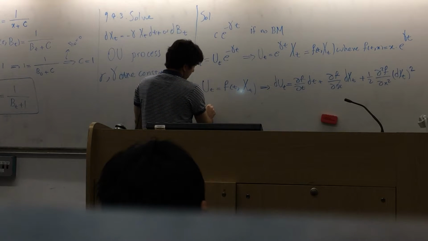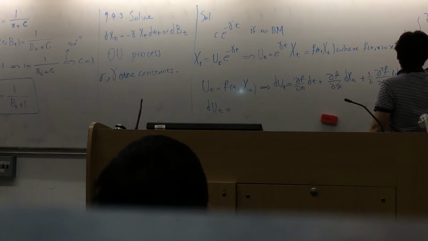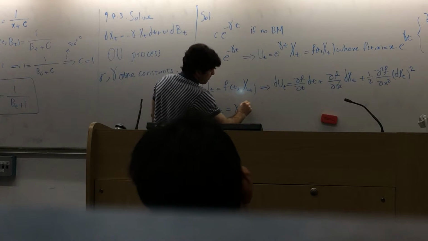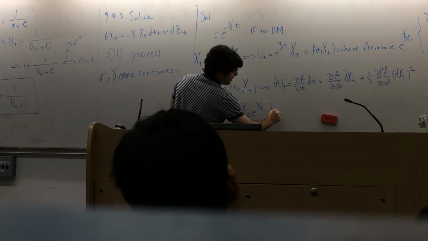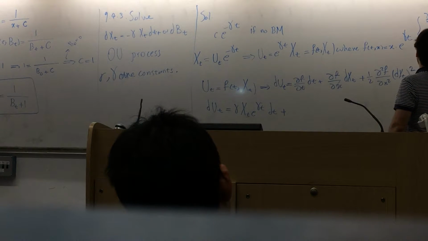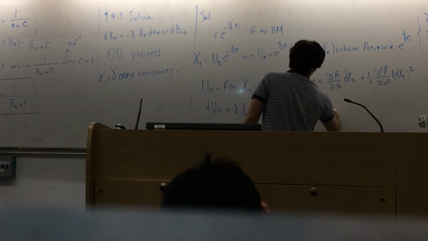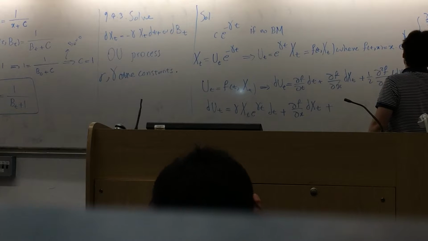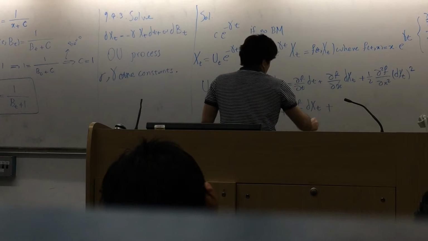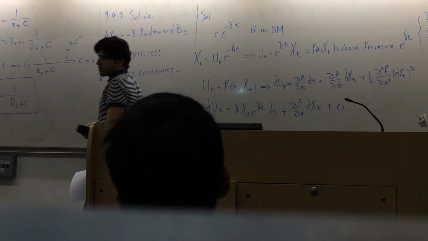Now calculate that. dU_t equals: the partial derivative of f with respect to t is just gamma x e to the power of gamma t, so it would be gamma X_t e to the power of gamma t dt, plus the partial derivative with respect to x is just e to the power of gamma t, so it would be e to the power of gamma t dX_t, plus the second partial derivative with respect to x squared is just 0, because there is no x anymore. The partial derivative of e to the power of gamma t with respect to x is 0. So the third term is 0, and now you simplify and see what you get. So dU_t, you have to write it.